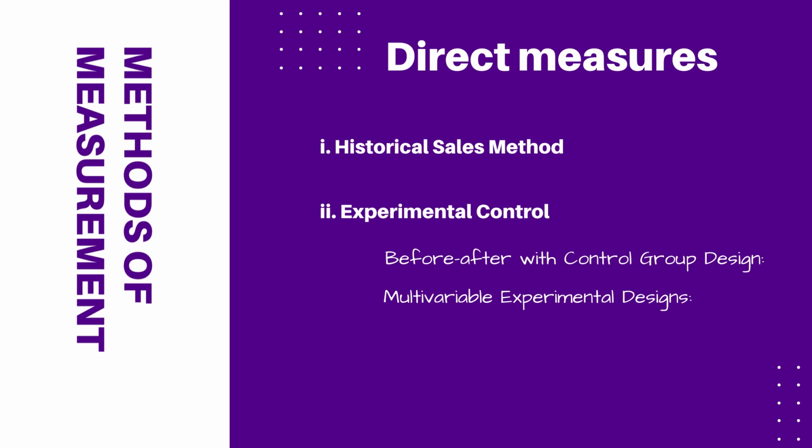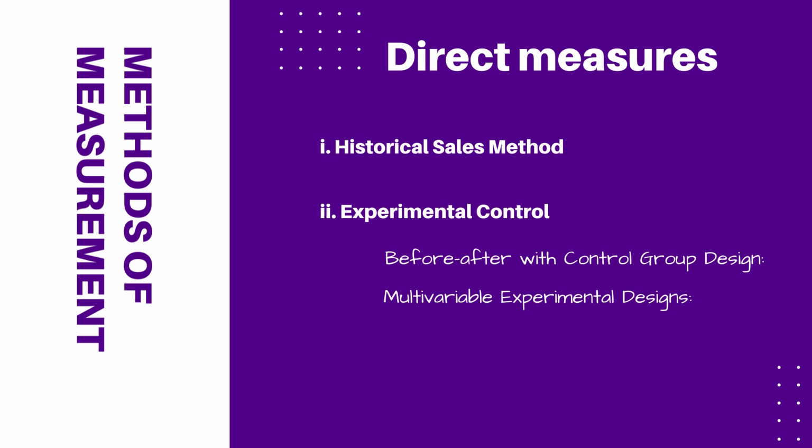One experimental approach to measuring the sales effectiveness of advertising is test marketing. From the word experimental itself, you have to experiment. For example, which platform is effective?